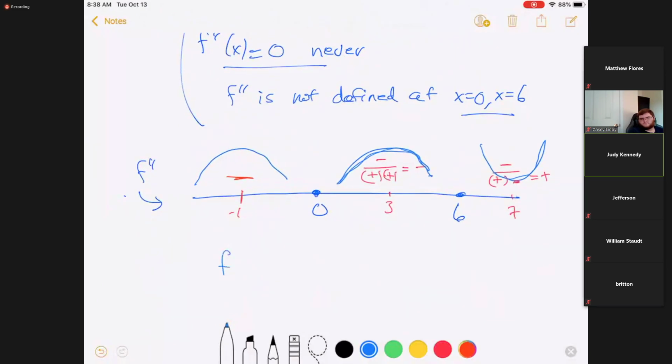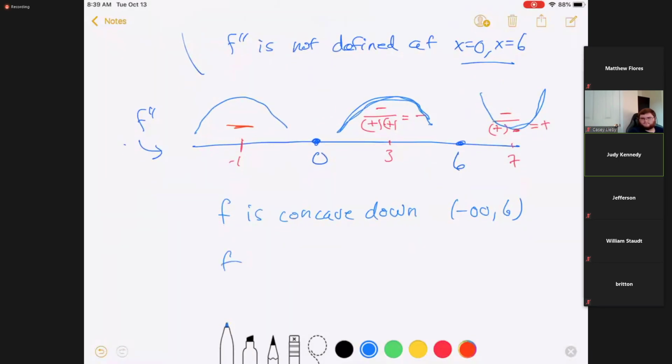So F is concave down all the way up to 6. F is concave up from 6 all the way up.